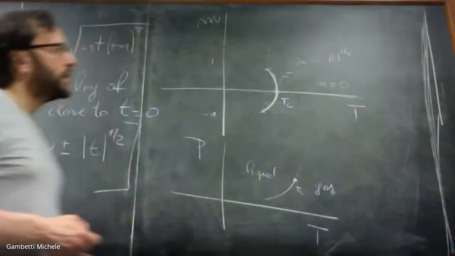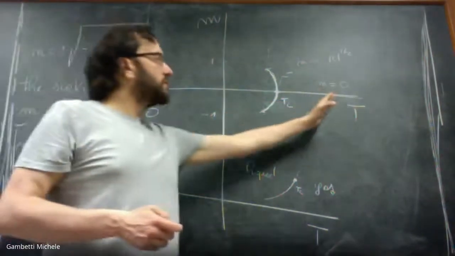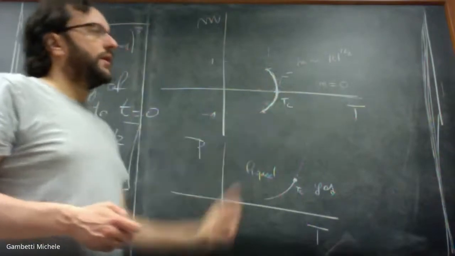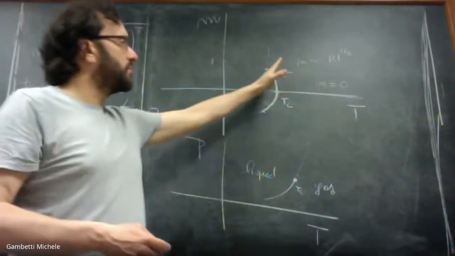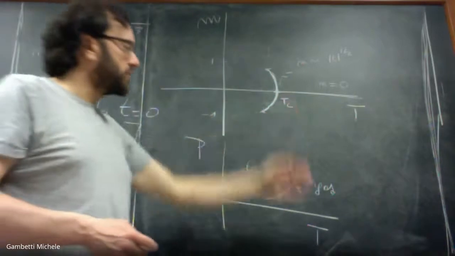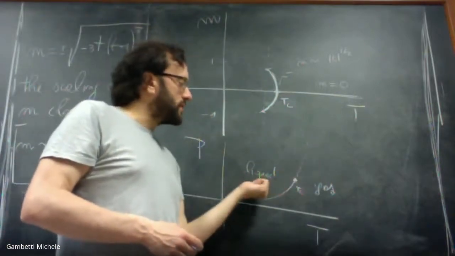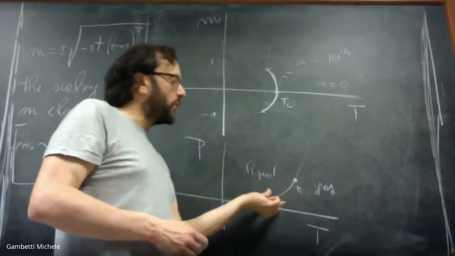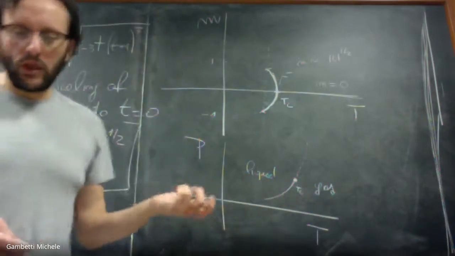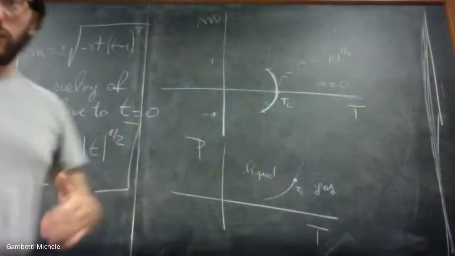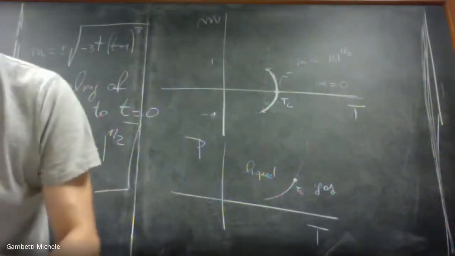Okay, so here magnetization 0, and then I have a breaking of symmetry that provides a preferred direction. Here I have 0 difference between the density of liquid and gas, and then at some point I have a jump in density from the liquid to the gas. Okay?